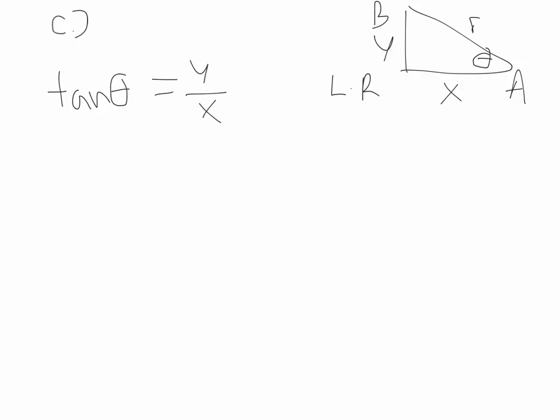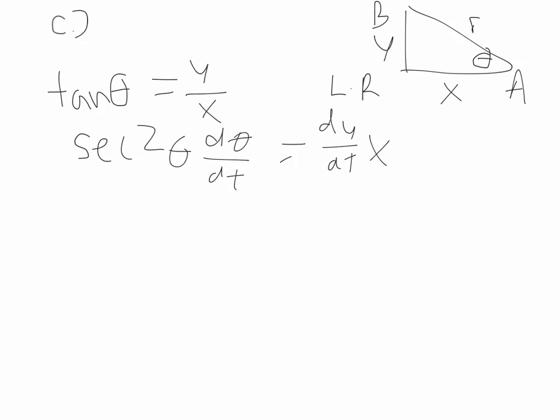Then, when you differentiate this, you get secant squared theta, remember that's the derivative of tangent, d theta over dt equals, remember high d low minus low d high all over low squared. So dy over dt x minus dx over dt y all over x squared. And then it says at x equals 4 and y equals 3.